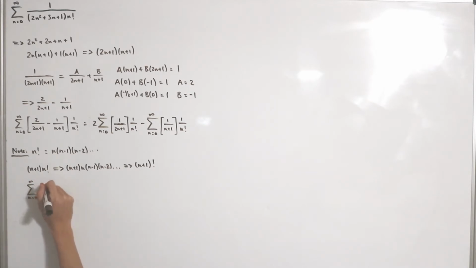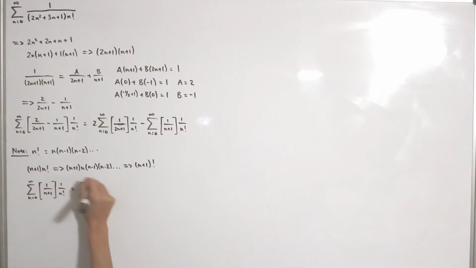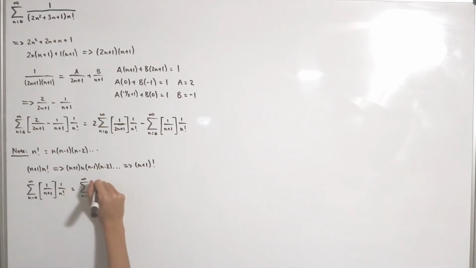Okay, we can rewrite this as the new infinite series, n is equal to 0 to infinity of... well, first let me just reiterate and say that this series, n plus 1 multiplied by n, 1 divided by n factorial, is just equal to our new infinite series of 1 divided by n plus 1 factorial.